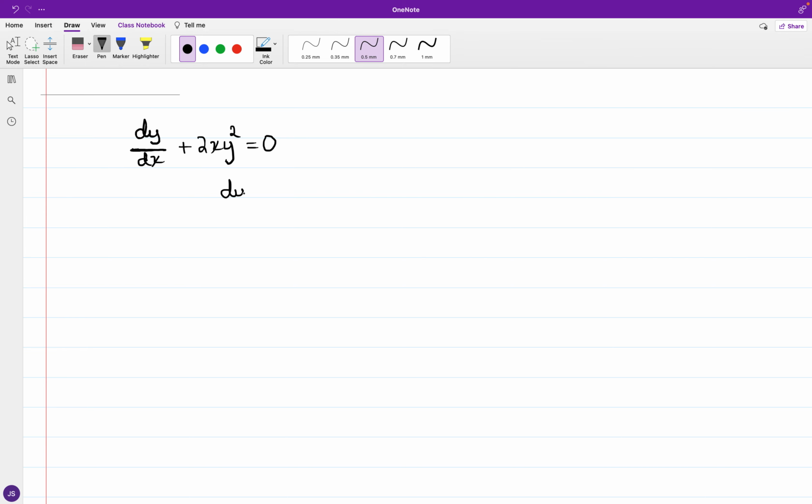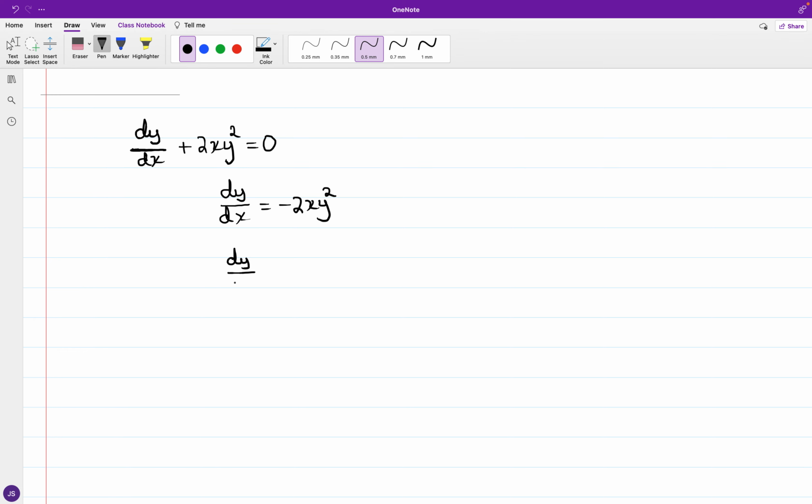So if we isolate, taking 2xy squared away from both sides, we have dy over dx is equal to negative 2x y squared. Now in terms of separating the variables, we can simultaneously divide by y squared and multiply by dx.